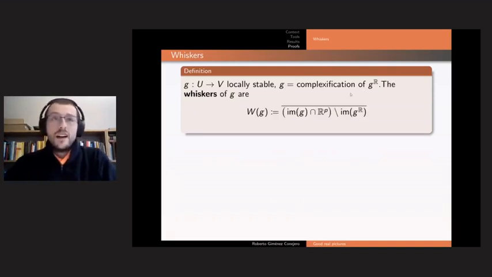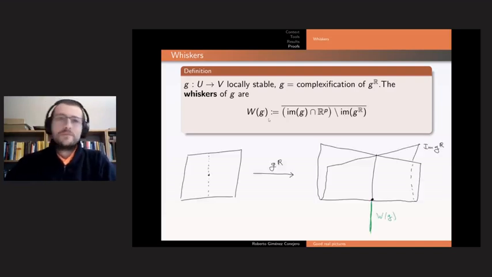The whiskers are the following. You take the complex image, and now you take the intersection with the reals. The thing is that maybe this is not exactly the real image, the image of the reals. But if you take exactly this, if you take away the real image, and now you take the closure, these are the whiskers.